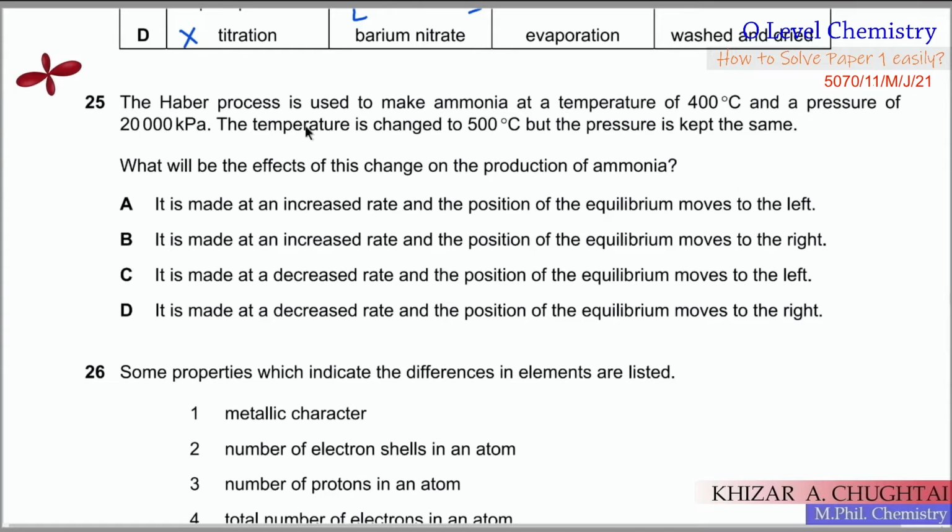Once again, the Haber process, 400 degrees centigrade initial temperature, and pressure is 20,000 kilopascal. The temperature is changed to 500, so there is an increase in the temperature, but the pressure is kept the same. By increasing the temperature, as this process is exothermic, its yield will be low.